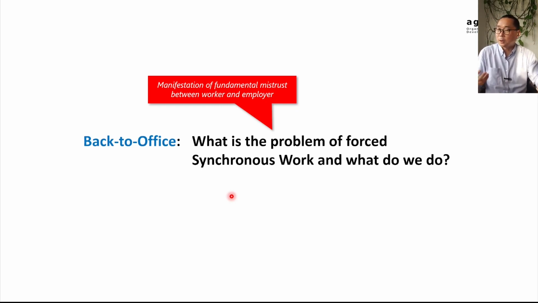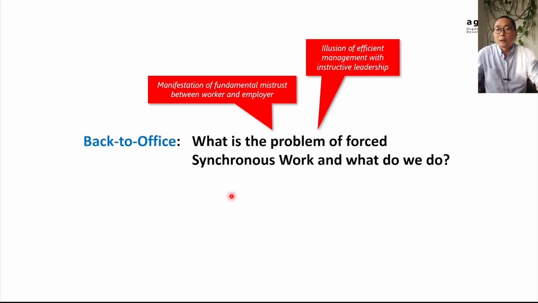Organizations still treat people as machine parts under the illusion of efficient management with instructive leadership. We need to tell people what to do, and we need to monitor and control so that they do the work. This illusion of efficiency, it's very inhumane because it strips people of their agency. No wonder people feel strong resentment with back to office and forced synchronous work.